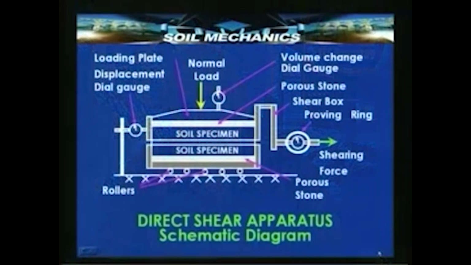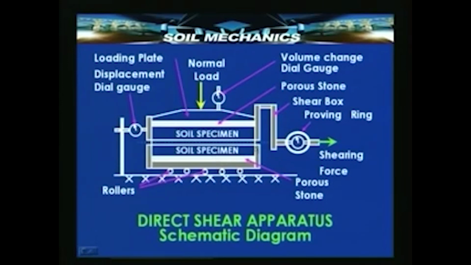Now, here is a diagram showing a schematic of the direct shear apparatus. See here, this is a metallic container. This upper portion is a part of the same container.